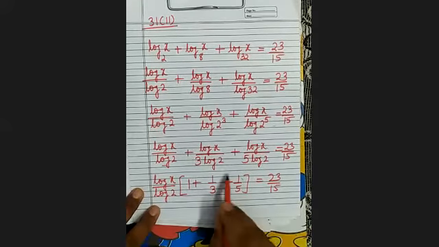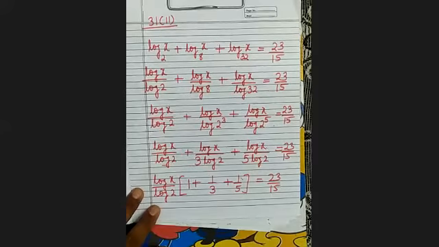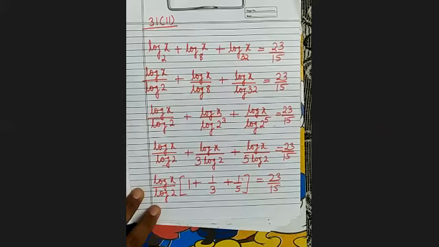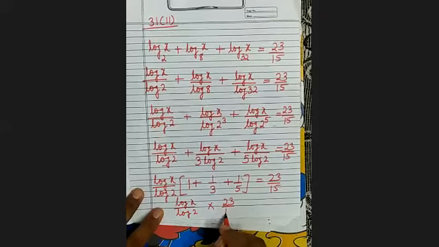When we add this whole thing, you will get 23 upon 15. So see here, log x upon log 2 into 23 upon 15, equals 23 upon 15.